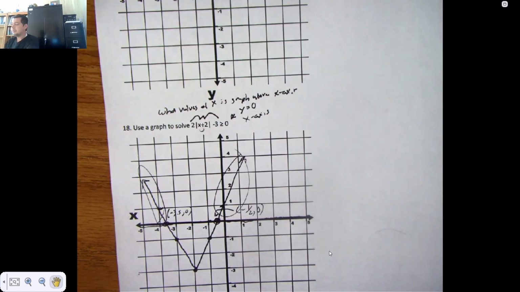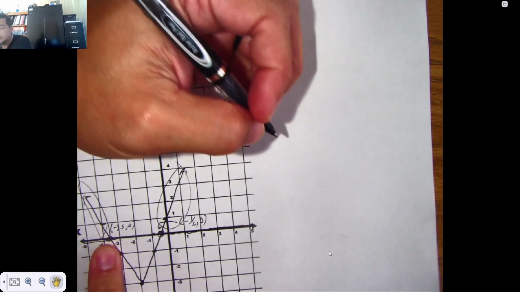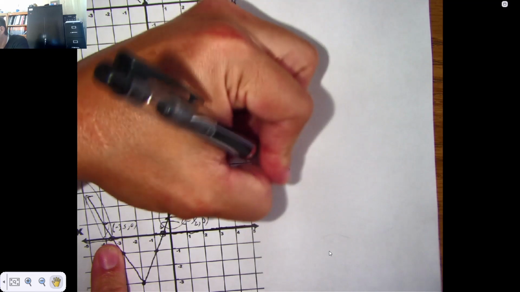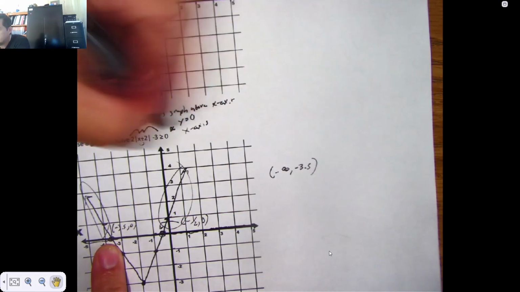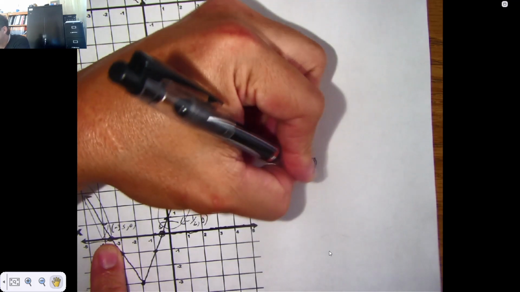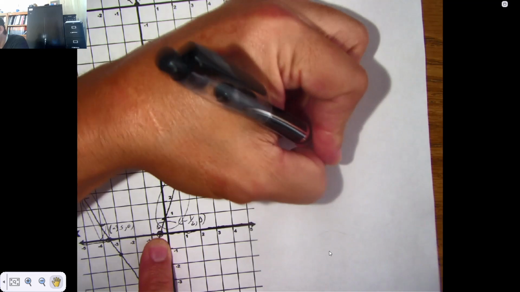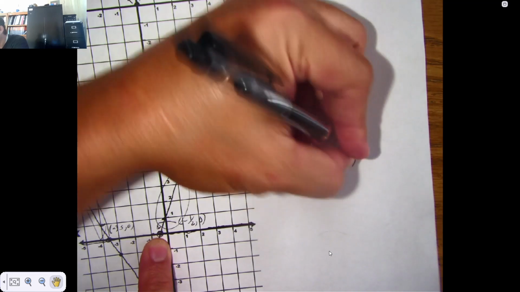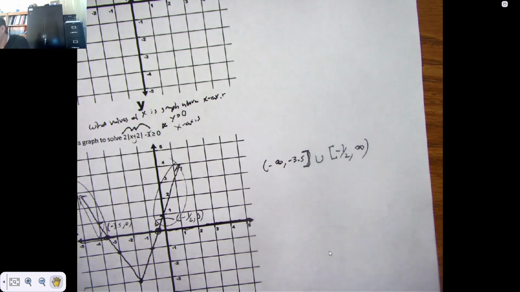In other words, you are above the x-axis from -infinity all the way to -3.5. And we have equality there, don't we? The bracket. Sorry, I forgot the bracket. And union with -1/2 to positive infinity, because this side, as you move right, that's interval.